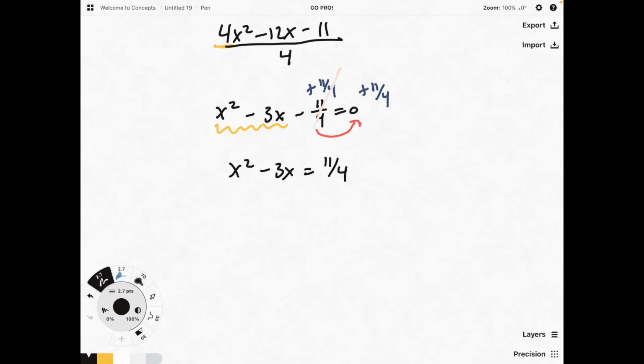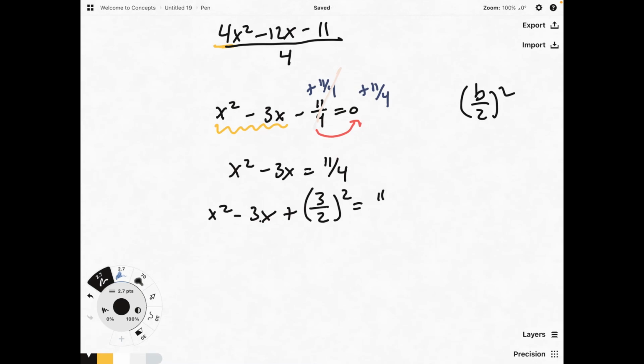Okay, now what we need to do is we do (b/2)² to complete the square, and we add this to both sides. So when we do that, we're going to get x² - 3x plus (3/2)², because we took b divided by 2, and we square that. And now we have to do that to the right side as well. So we have 11/4 plus (3/2)².